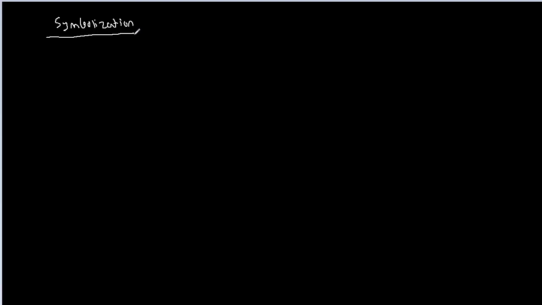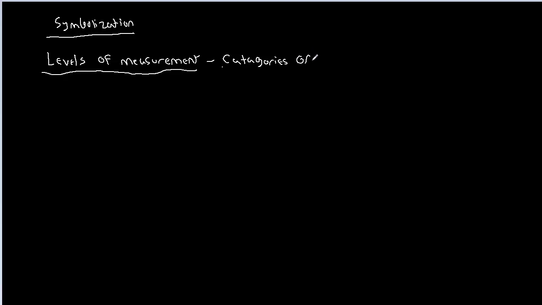So what we're going to do in this video series is we're going to talk about two things. The first thing that we're going to talk about is going to be what are called levels of measurement. Levels of measurement being the different sort of categories of data. So we're going to talk about nominal data. We're going to talk about ordinal data.